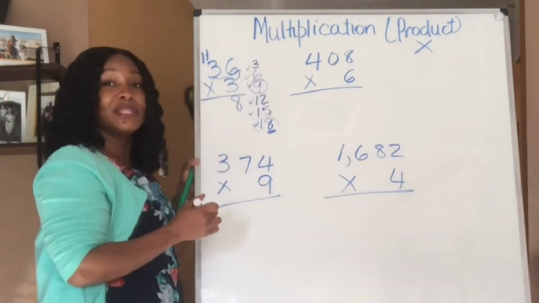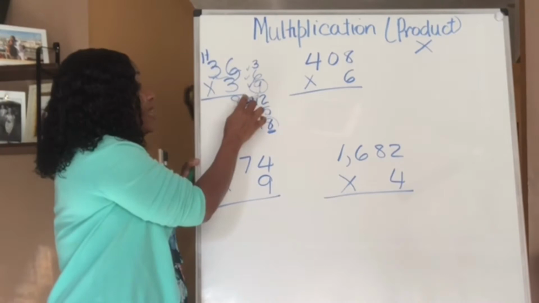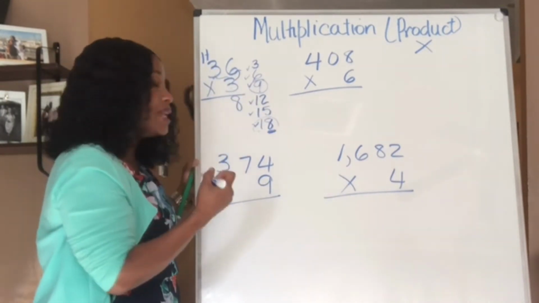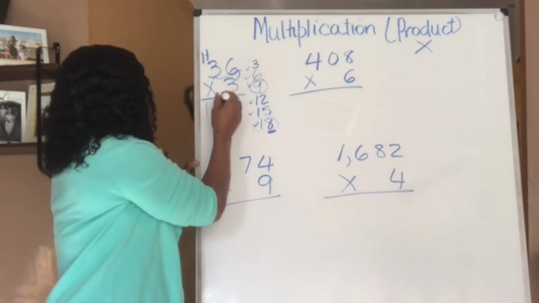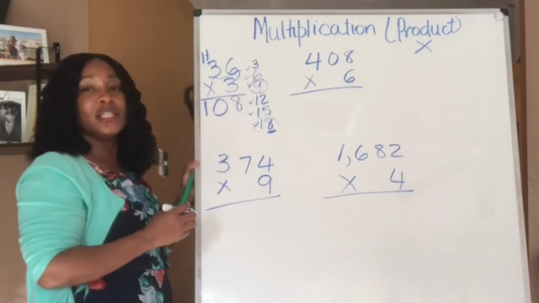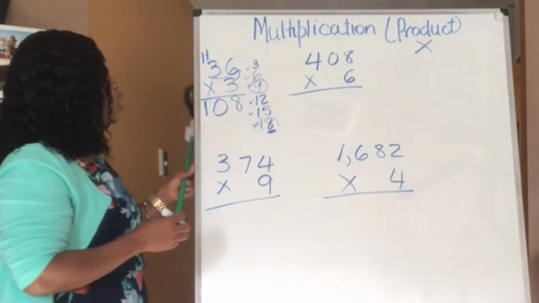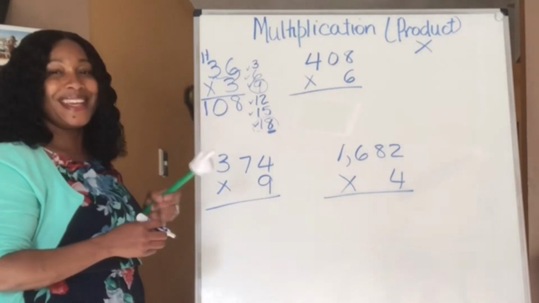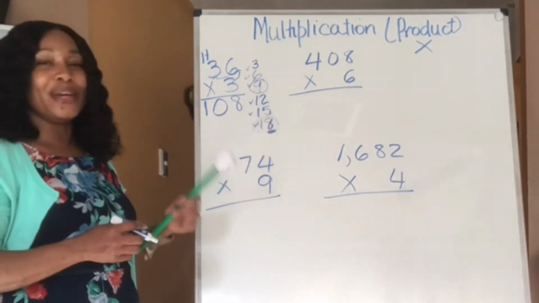So 3 times 3 is 9. But remember, we have 1. So 9 plus 1 is 10. This time you can write your 10 down because there's nothing else to multiply. So 36 times 3 is 108.